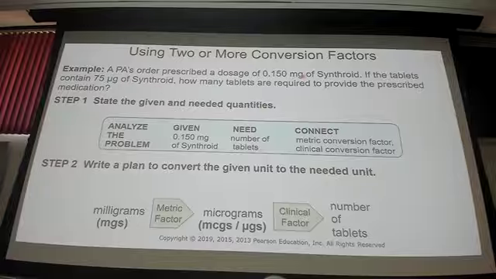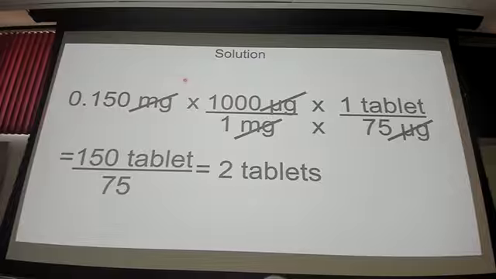Of course, you guys know the units are different, so if you see a question like this, make sure you convert to the same unit of measure, and it should be easy peasy. You will come up with the number of tablets. It may or may not be a whole number, don't be alarmed if you see a non-whole number, all right? Any questions about this calculation?